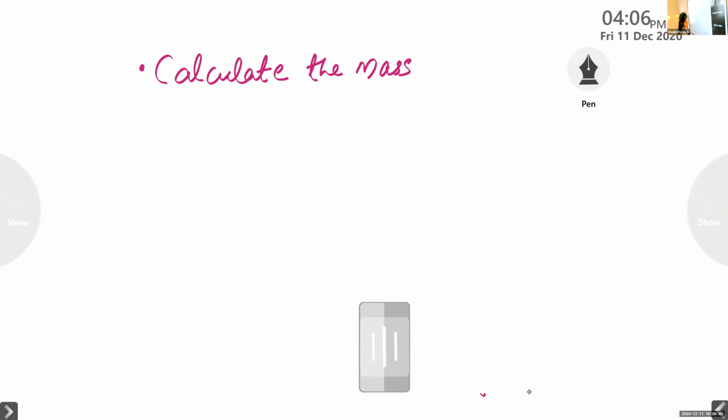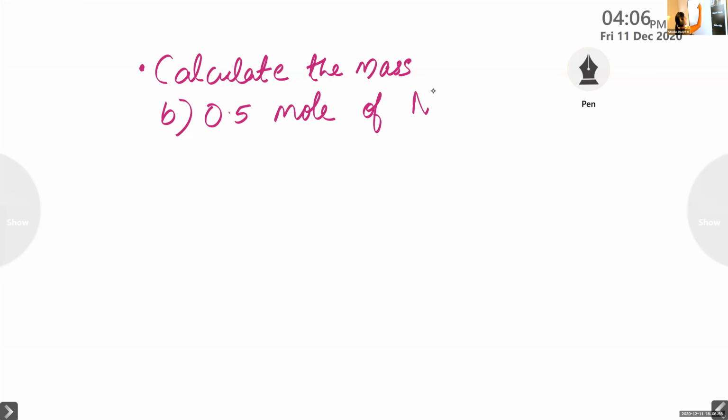Then the next question is part B: 0.5 mole of nitrogen atom. Nitrogen atom. Adulya? How can we calculate the mass? What is this 0.5 mole?